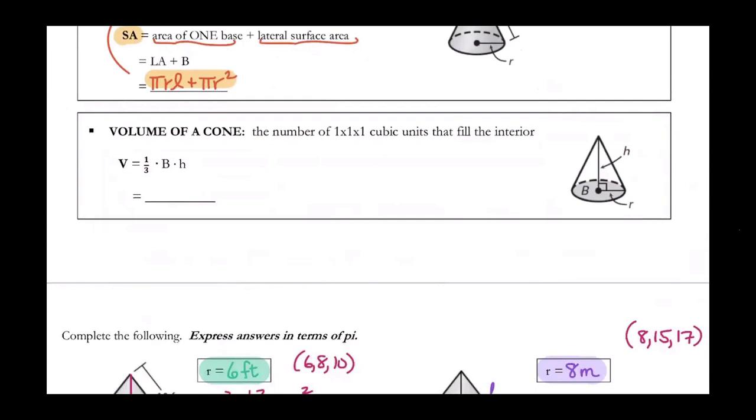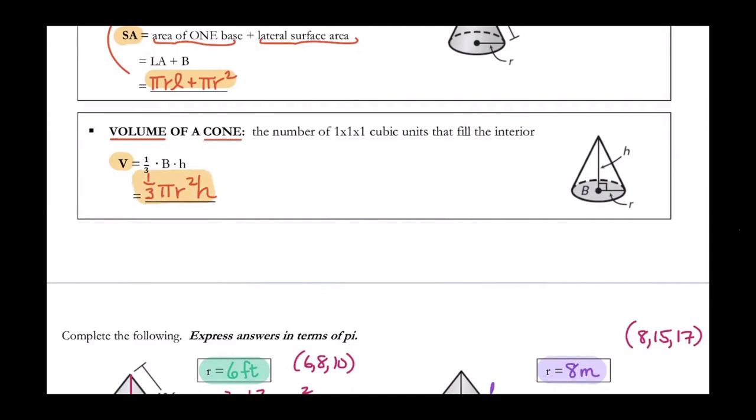For volume, the volume of a cone is 1/3 the volume of a cylinder with the same base area and the same height. So it's like you're doing area of the base times the height and then dividing it by 3. The area of the base is pi r squared because it's a circle, times the height. Volume is 1/3 pi r squared times height.